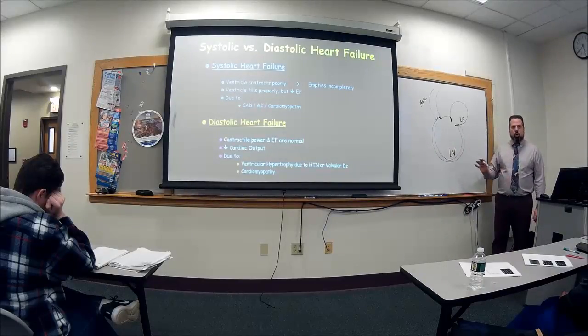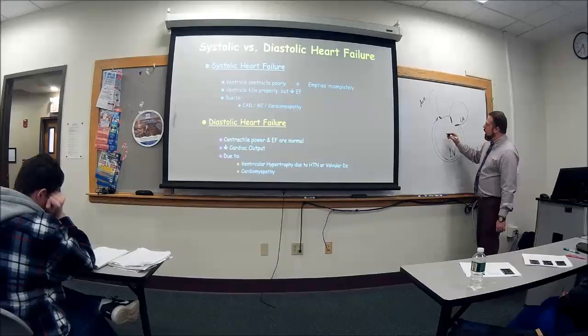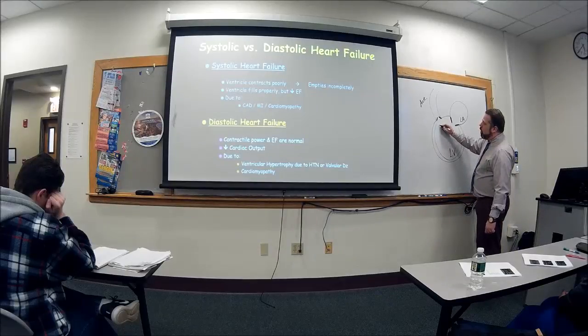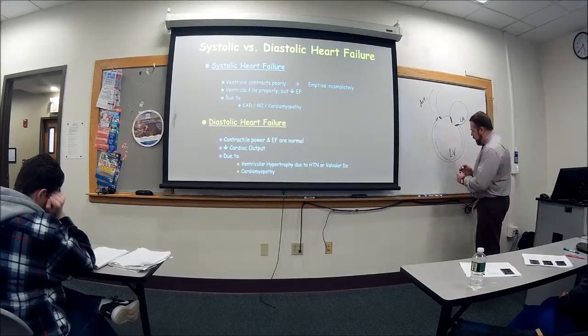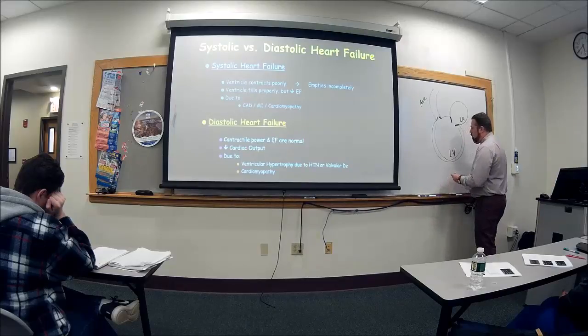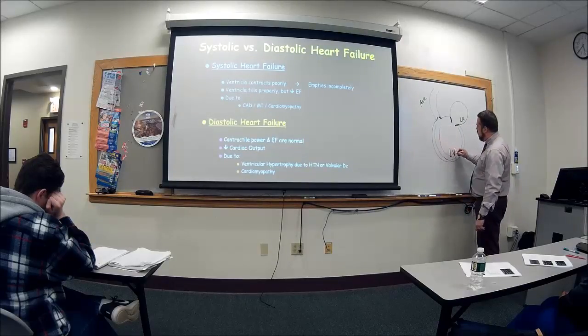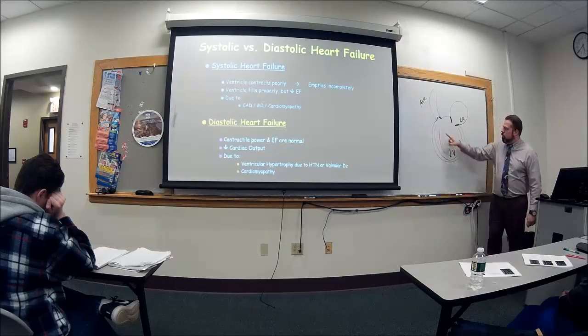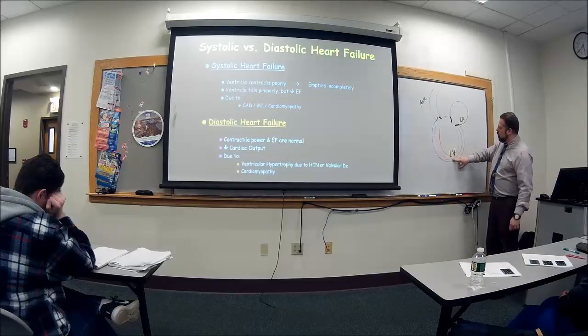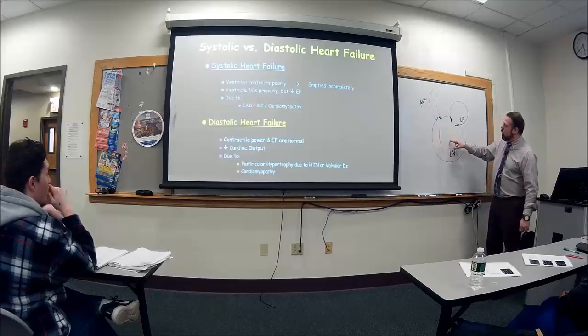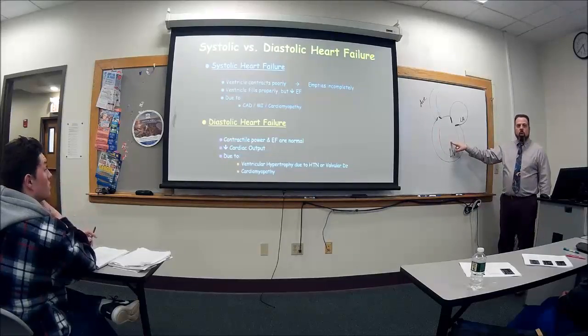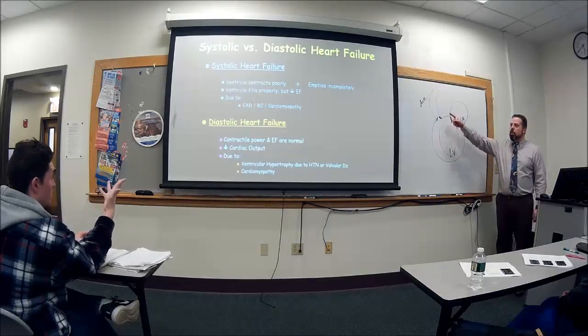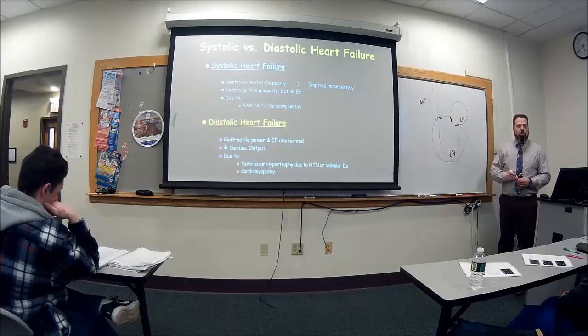That's normal. But what happens if our ventricle is now this thick? We still fill this. It's still full. And it could still squeeze, but there's a smaller amount of blood coming out because the chamber is smaller. Does that make sense?